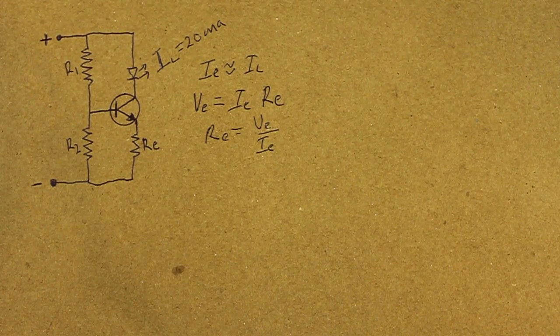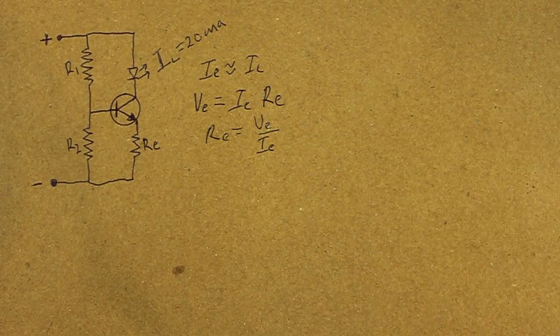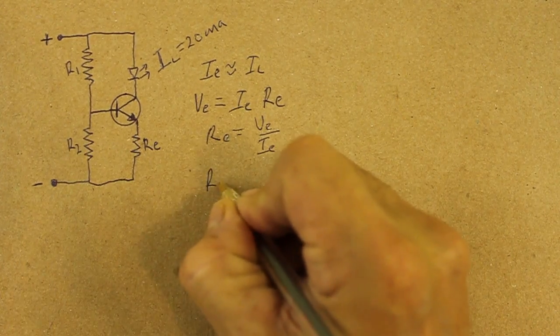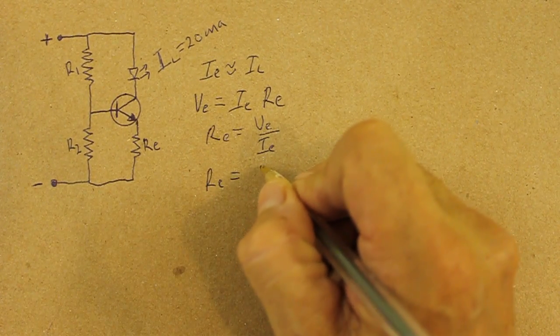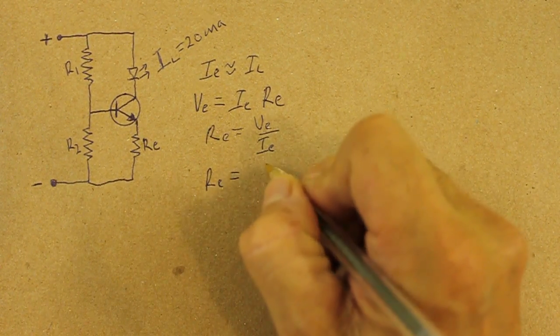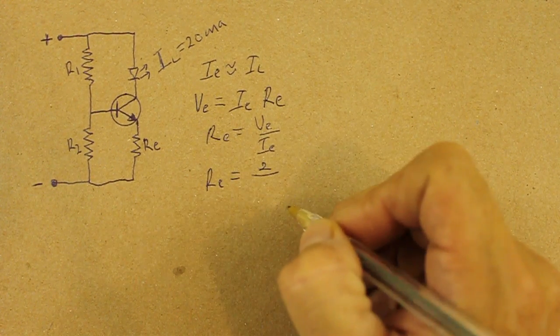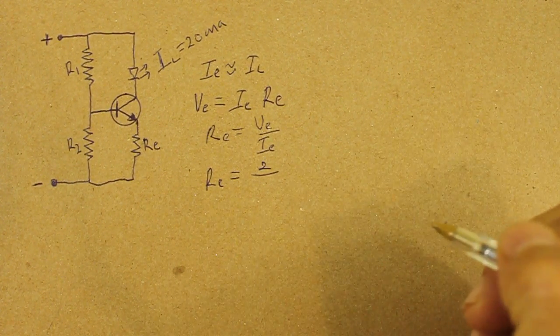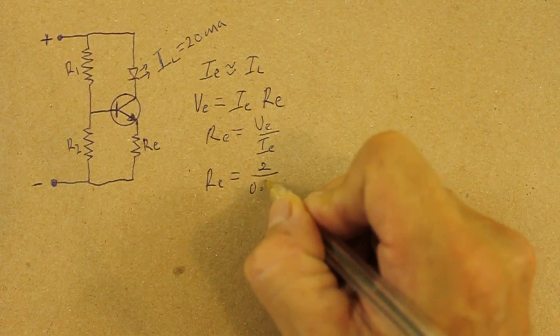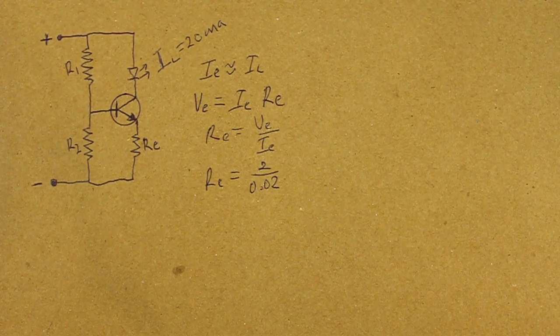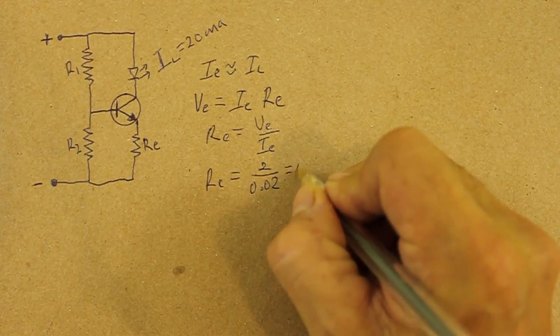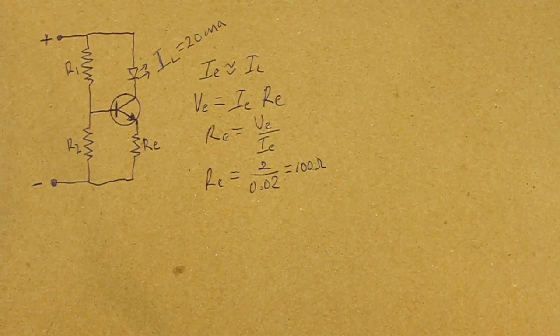Now, let's say that the emitter voltage is 2 volts. That will give an emitter resistance of 2 volts divided by the emitter current, which is 0.02 amps, and this is equal to 100 ohms.